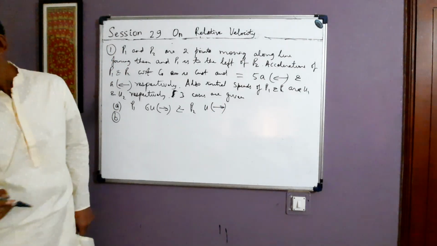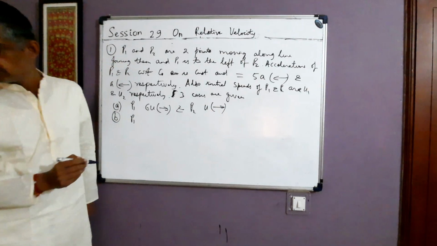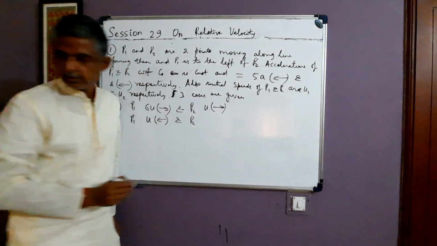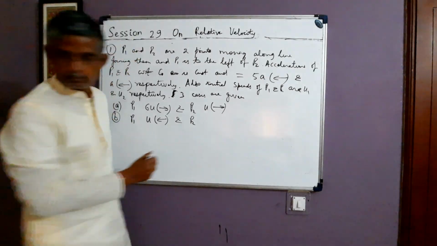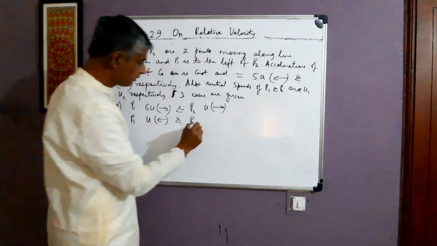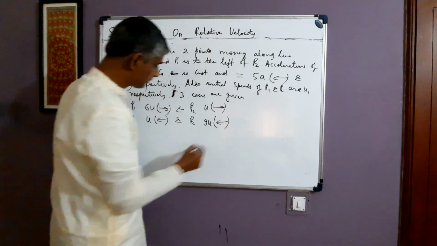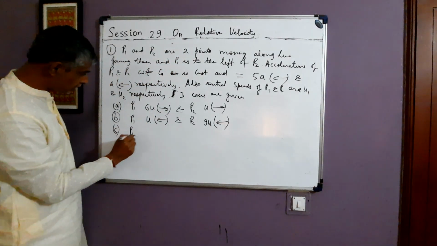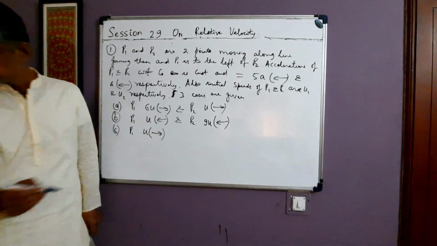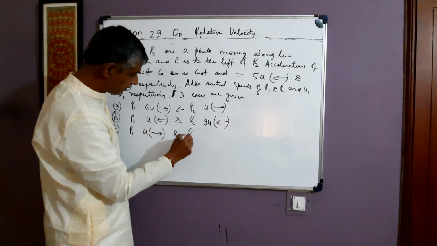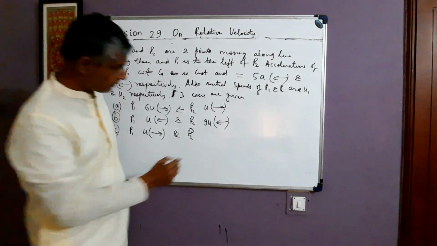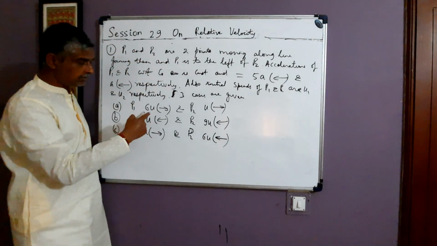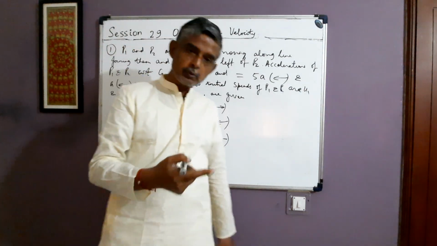Part B: P1 is moving at a speed of u leftward and P2 is moving at initial speed of 9u leftward. And C: P1 is moving at initial speed of u rightward and P2 is moving at a speed of 6u leftward. These are the initial velocities and initial speeds of P1, P2 and their motion directions.